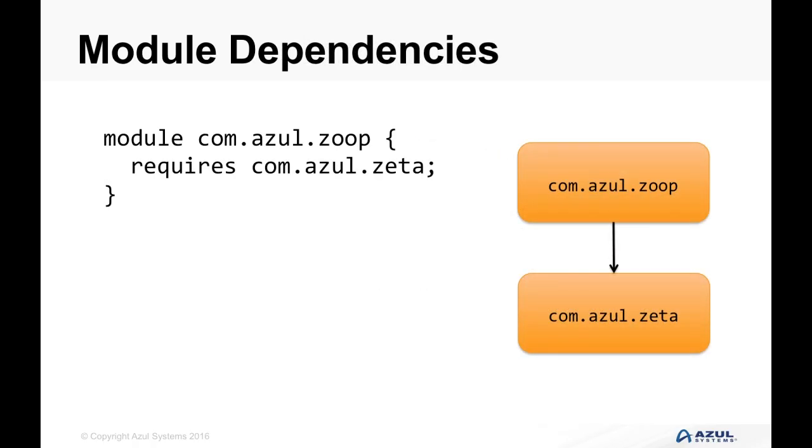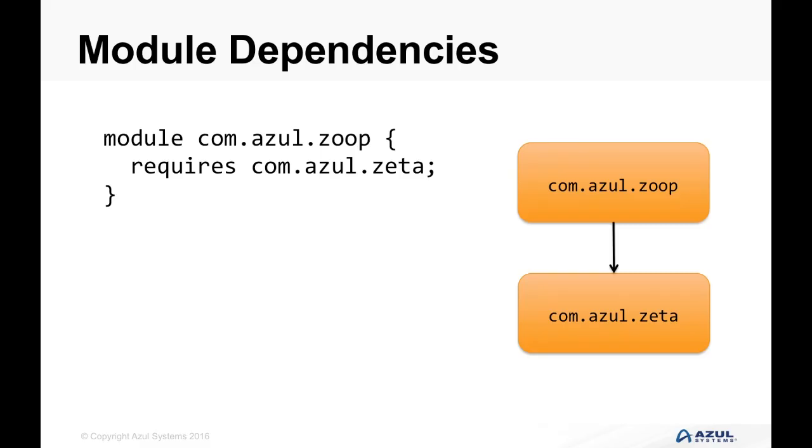Modules can have dependencies. Same as you have dependencies in other parts of a system. What you need here is a way of specifying that in the case of our module called Zoop, there are packages and classes that Zoop depends on which are outside of the Zoop module. So we need to say that this module depends on another module. So we create a module called Zeta that has some packages and classes that we need in it.